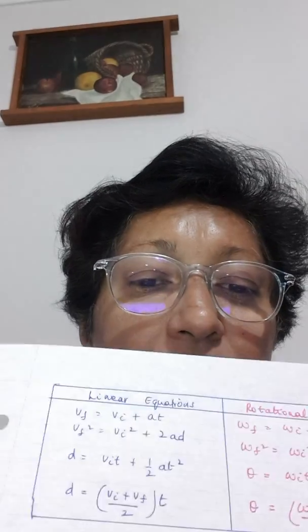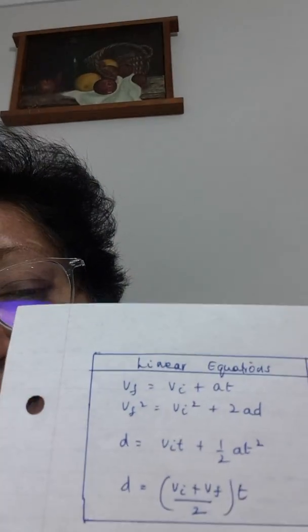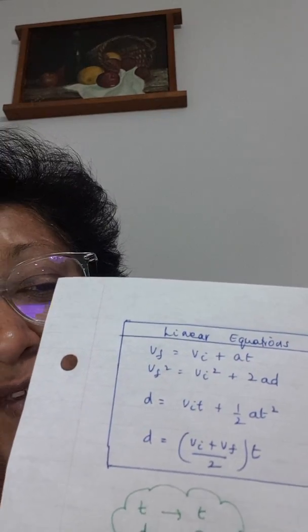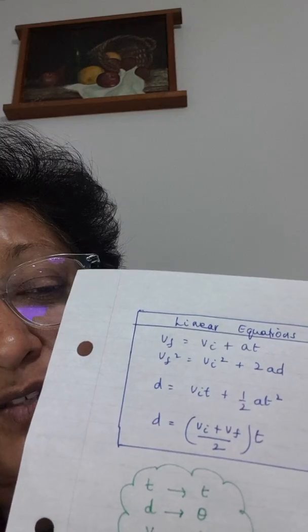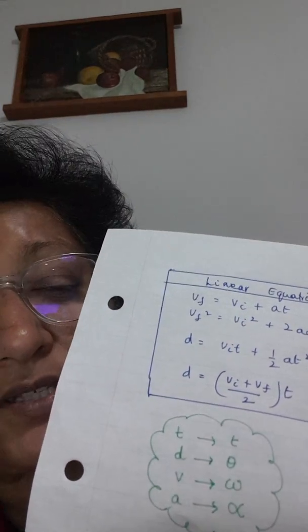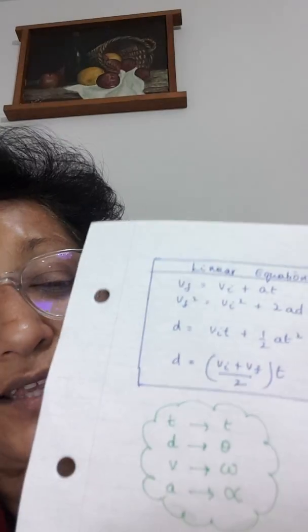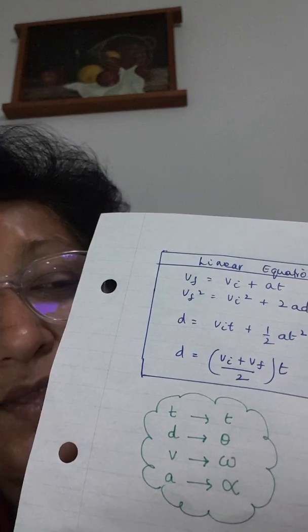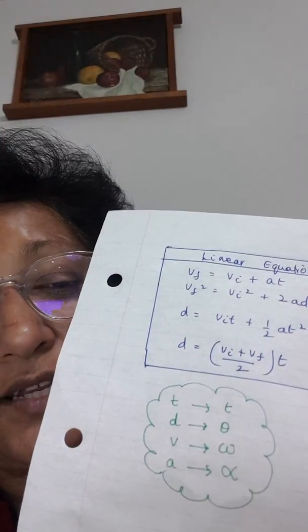Okay. So I've just written it on a piece of paper. The linear equations that we were familiar with last year look like this. Vf equals Vi plus At, and the displacement equation, Vit plus half At squared, and so on. But in order to get the equivalent angular equations, t is the same, but wherever we have displacement, we substitute theta, which is angular displacement.